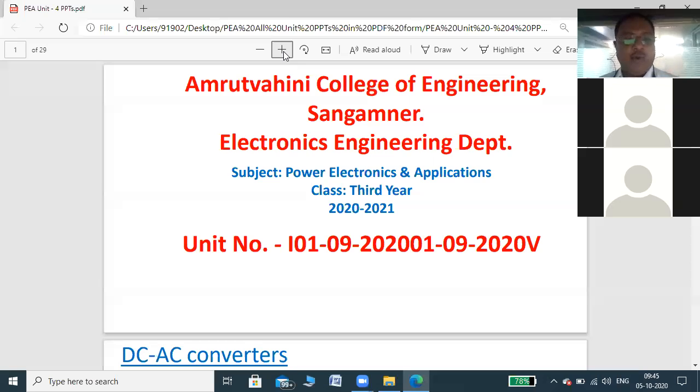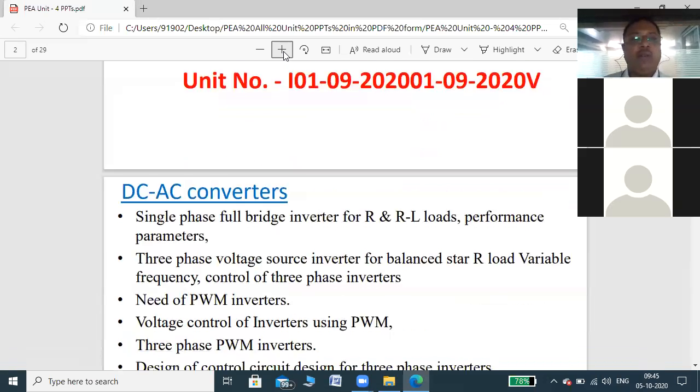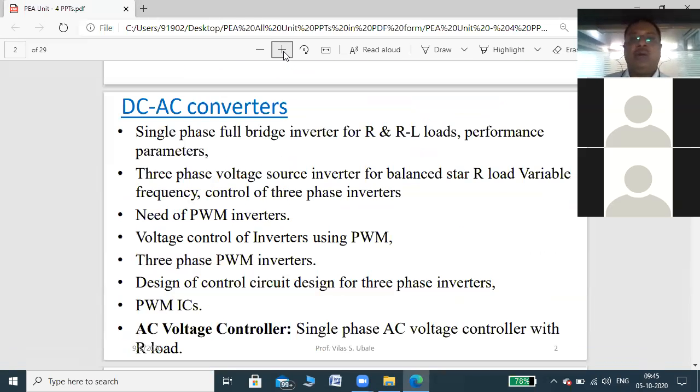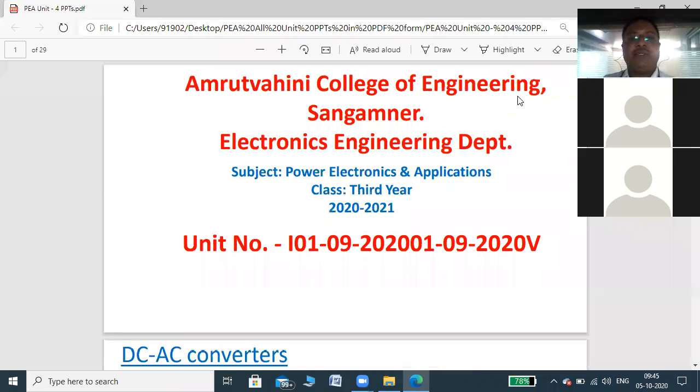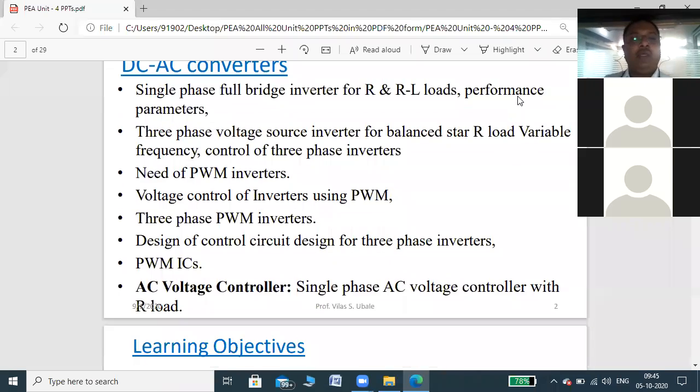I hope you are all safe at your homes, and we will start unit number four from today. Because of poor internet connectivity I may take some time, but we'll start with unit number four, that is DC to AC converters.